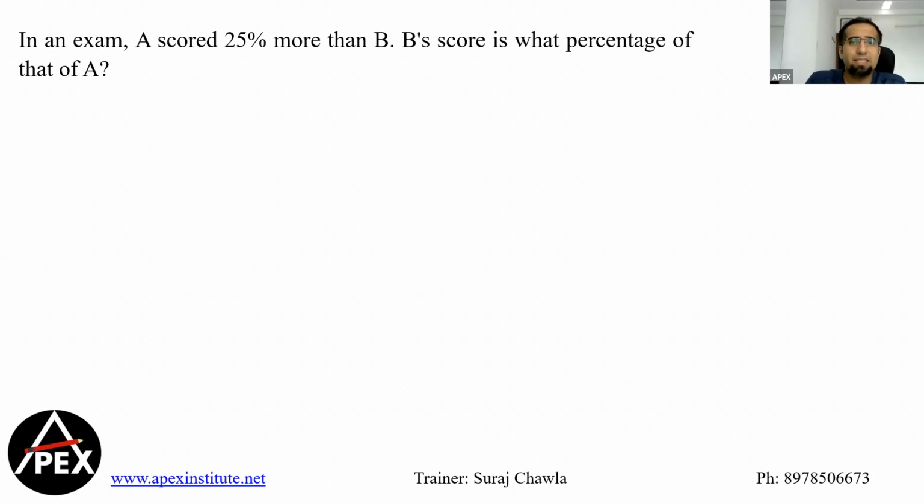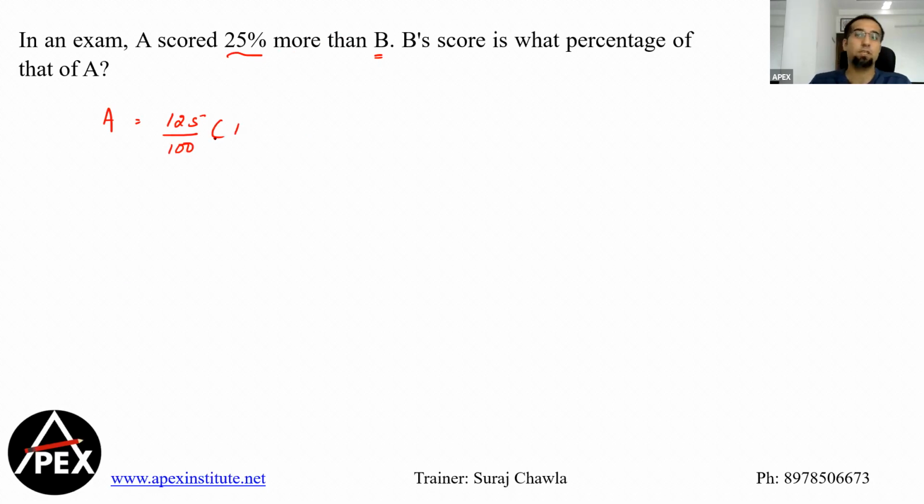Now let's understand, A scored 25% more than whom? B. So remember A scored 25% more. When it's 25% more, the multiplying factor becomes 125 by 100 of B.